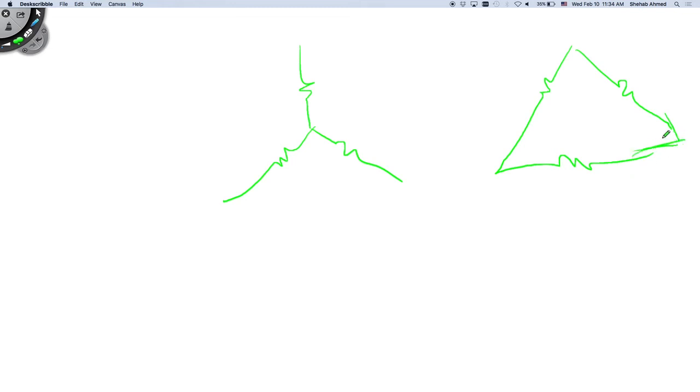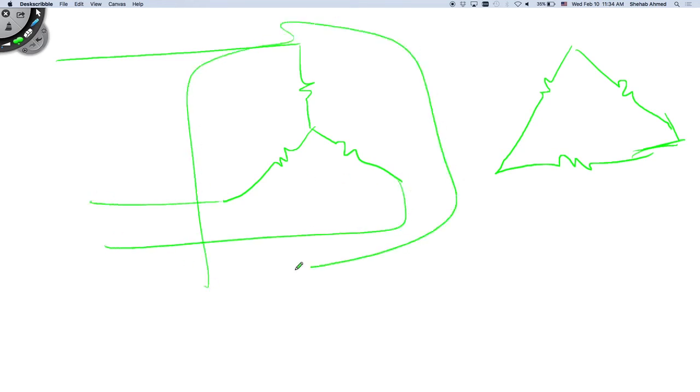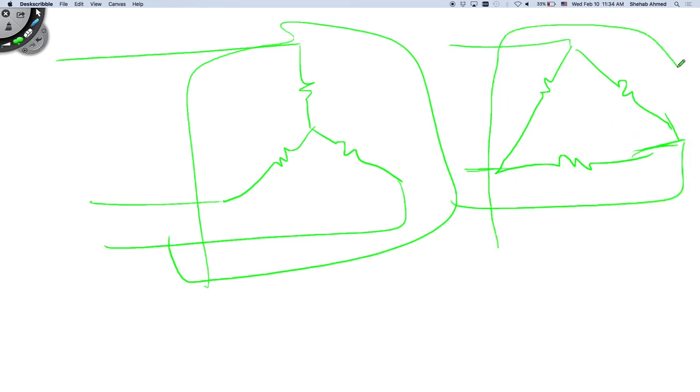There's a way to do that, and the way is based on the fact that, okay, let me put this in a box, put this in a box, put this in a box. I look at all the voltages here and here, all the voltages with respect to each other, and I make sure that they are the same.